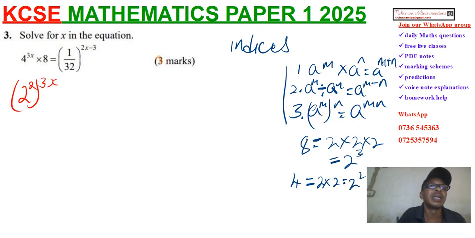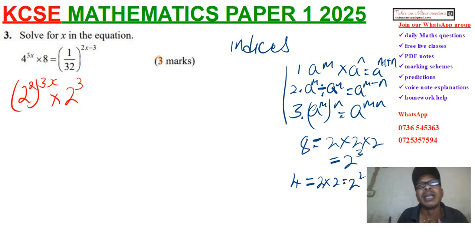Then we have multiplication. Instead of writing 8, we write 2 to power 3. Why are we doing that? So that we can have a common base. This is 2 and this is 2. So in our rules we have a and a.